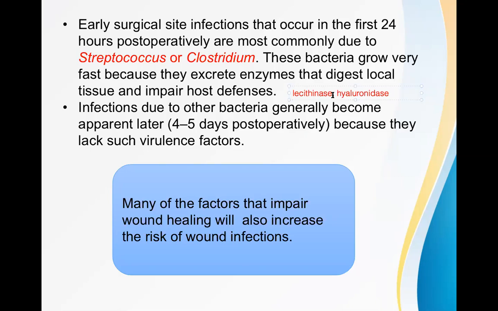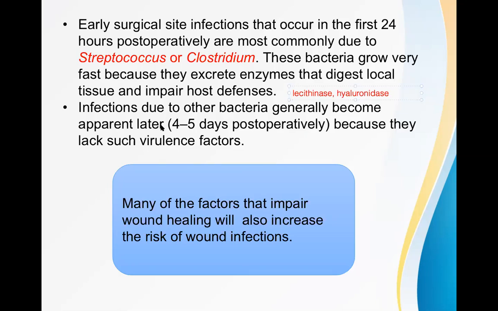It can produce one powerful enzyme known as lecithinase, also known as a spreading factor in the pathogenesis of that organism. I'm just giving you an example here of digesting enzymes that can damage our tissue. If I talk about streptococci, like Streptococcus pyogenes, hyaluronidase is one of the enzymes which breaks down hyaluronic acid, and also acts as a spreading factor in the pathogenesis of that bacteria.